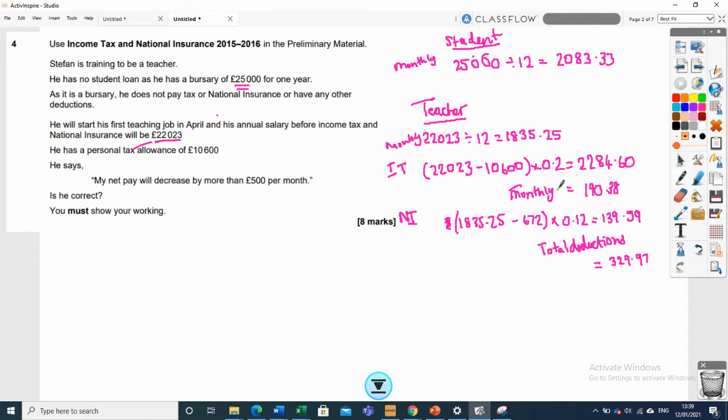And the total pay, the gross pay, the net pay, £18,535.25 minus £329.97 is £1,505 and 28 pence.